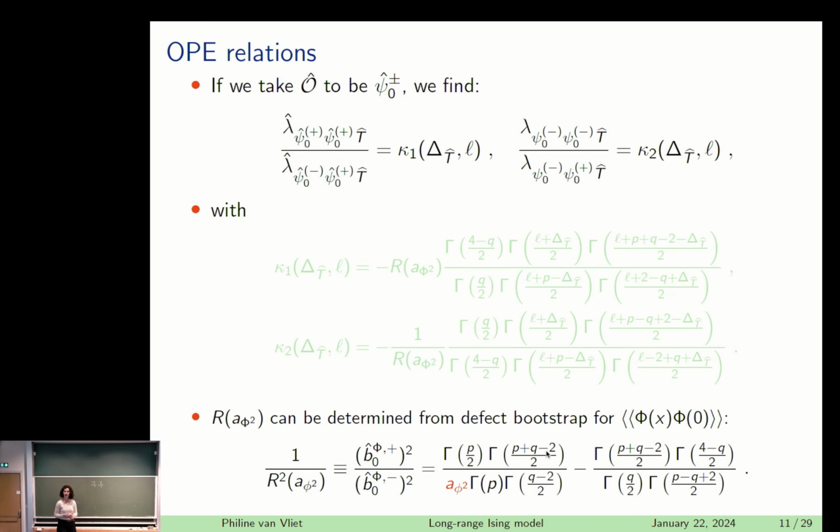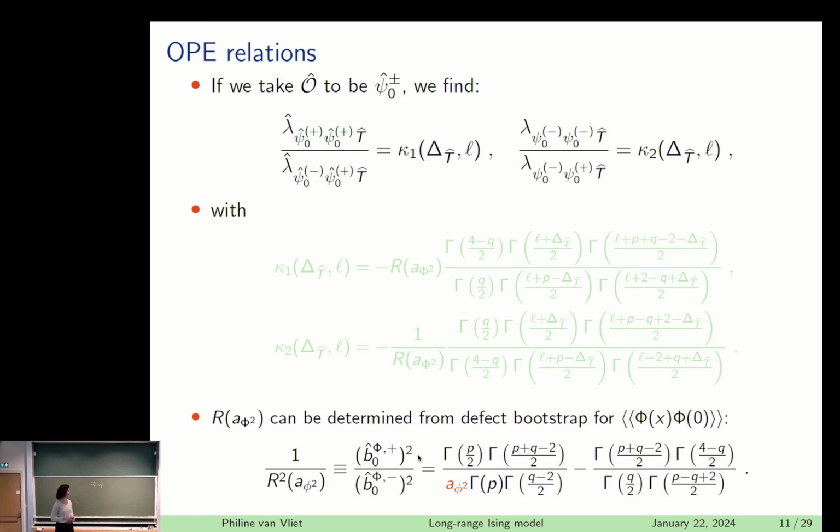Is it obvious it's positive? Sorry? This expression, is it obvious it's positive? This expression? No, the last one. This one? You have an expression on the left-hand side, something positive, right? Yeah, so here I just used... Yeah, but my question is, you have an explicit formula which involves some unknown parameter, A phi squared. Yes. So then if it's positive, it would mean some restrictions on this parameter.